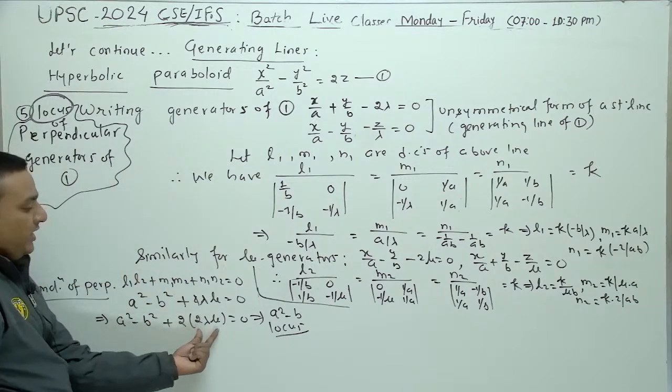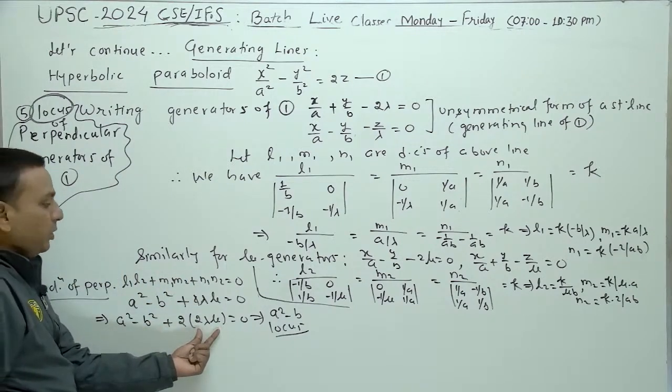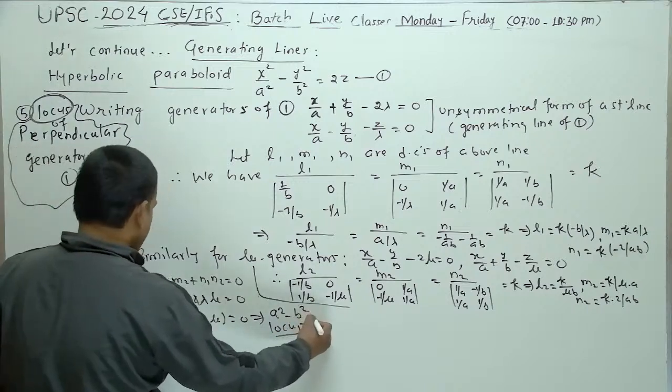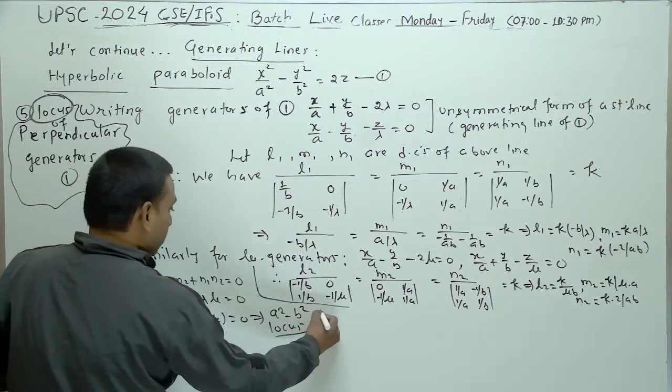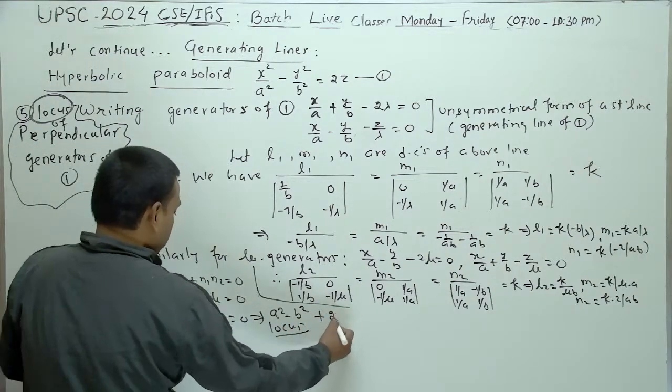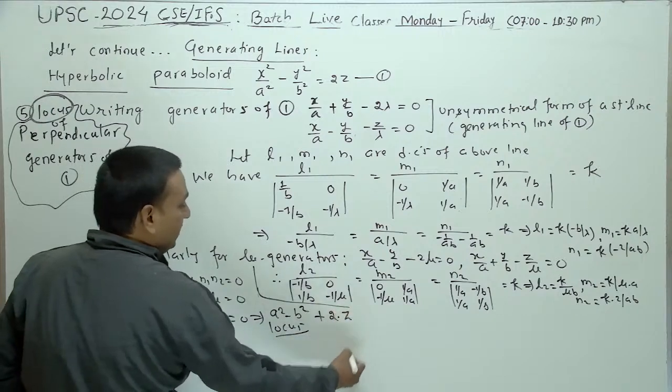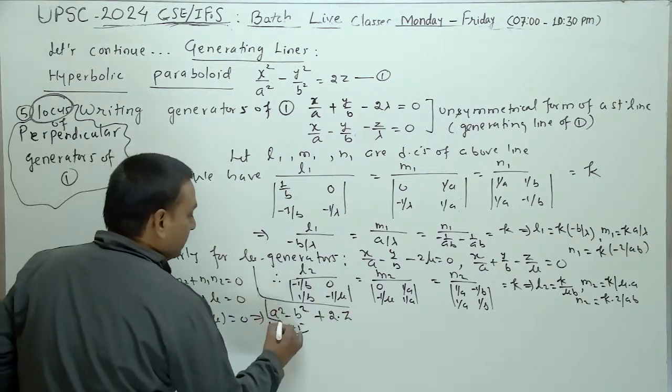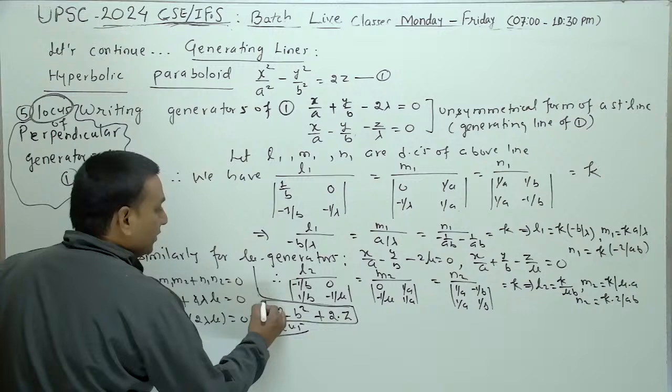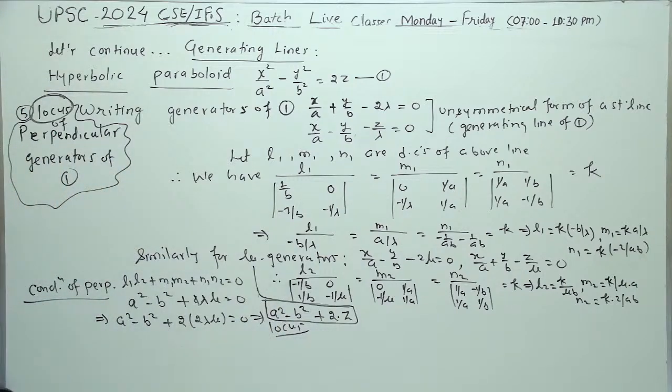So the z component is represented by 2 lambda mu. So this will become a square minus b square plus 2 into 2 lambda mu, which is representing z. So that is the required locus of mutually perpendicular generators. Please write that.